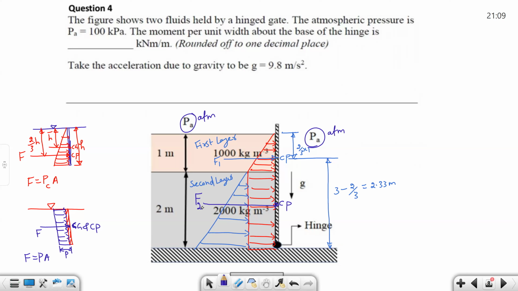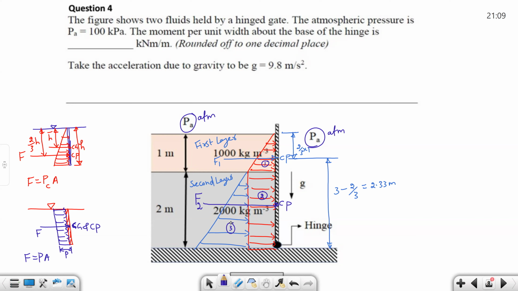This will be the first pressure distribution, this the second, and this the third. Because of the first pressure distribution, the force is F1. Because of the second pressure distribution, the resultant force is F2. And the second pressure distribution is because of the first layer acting on the second layer gate.